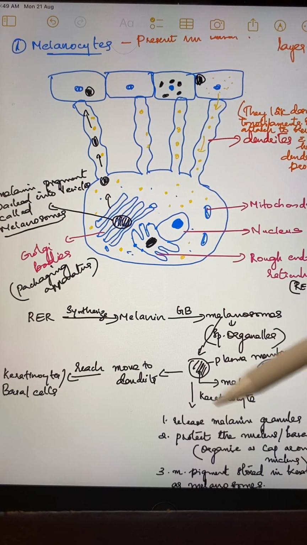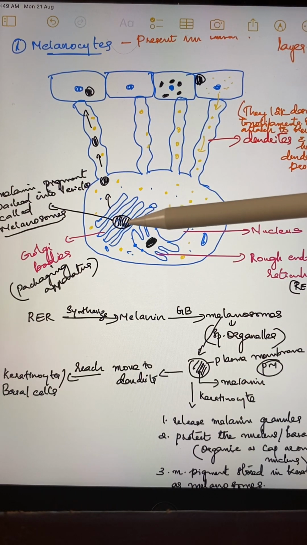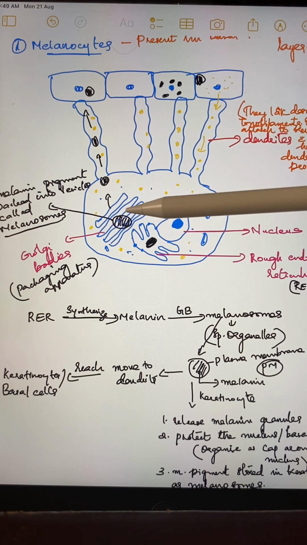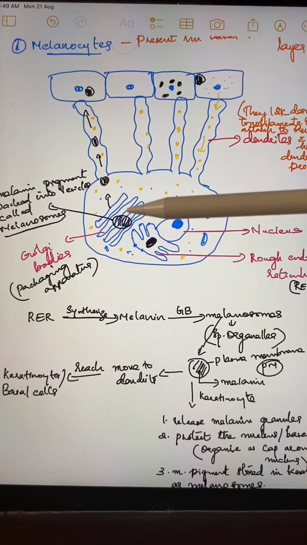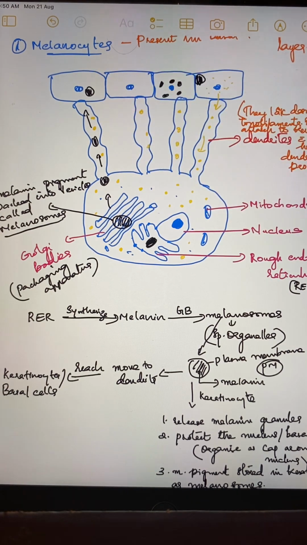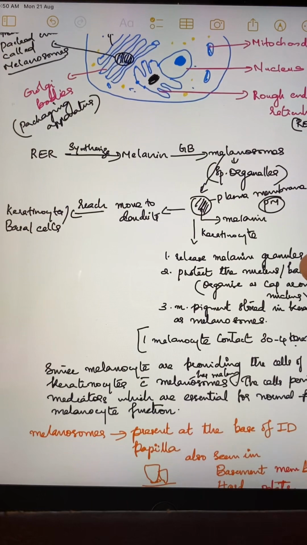The melanosomes form in the Golgi apparatus, and one melanocyte contacts 30 to 40 keratinocytes.